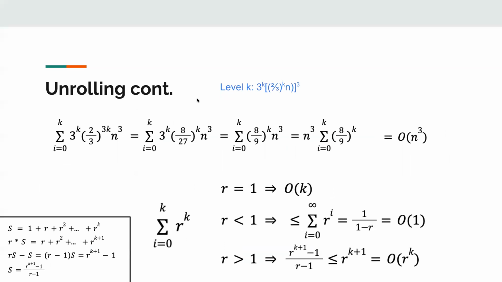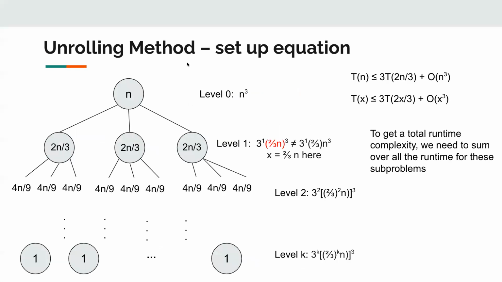Okay. So this is the formula we just got from the tree graph. Now, as I said, we want to add up all the runtimes from each level. So we have this huge sum here, from level 0 to level k.